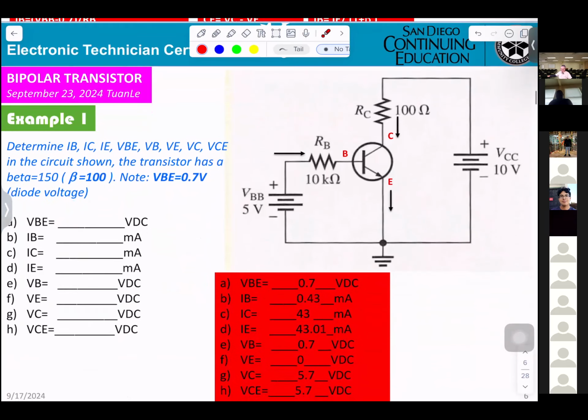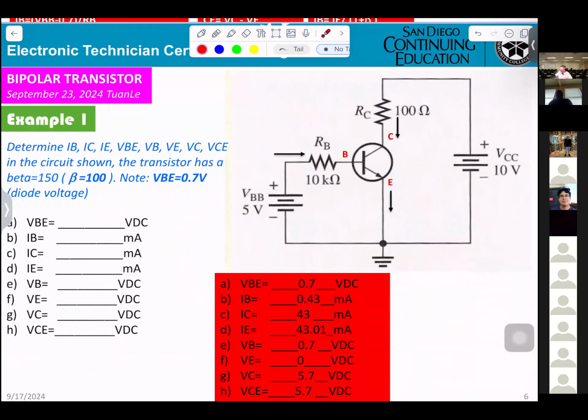Okay, now you can do it. First thing, VBE. That means here, B to E. And basically, they have a diode. Okay.